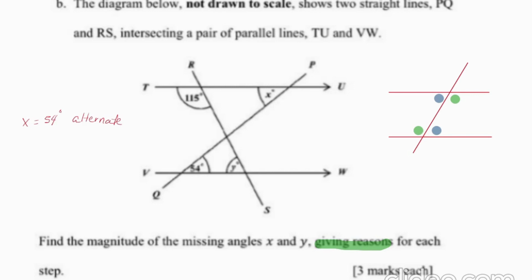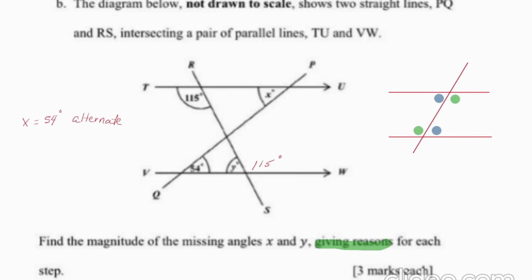How do we go about finding y? Well, here's what we know. Going back to our Z, this is our Z. This is another Z, which means this angle is equal to this one right here. So what does that mean? That means that this angle here is equal to 115 degrees. Now, what do we know about a straight line?